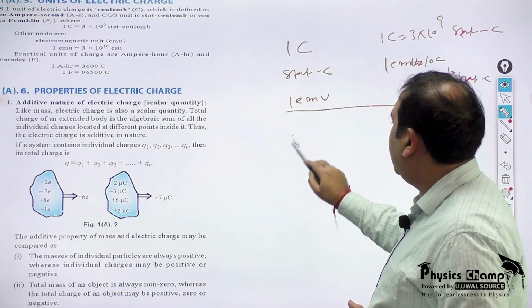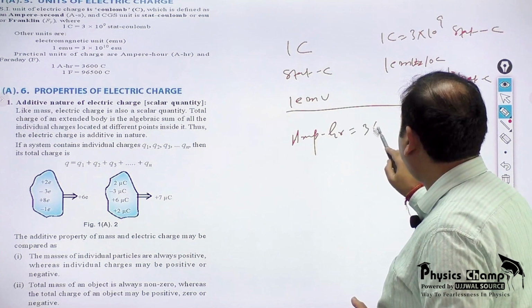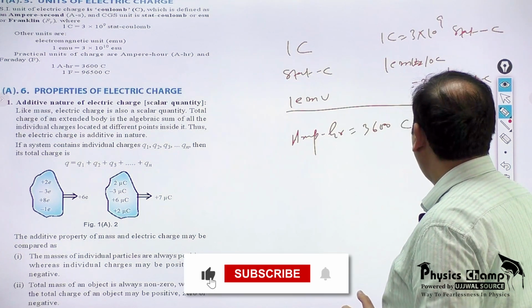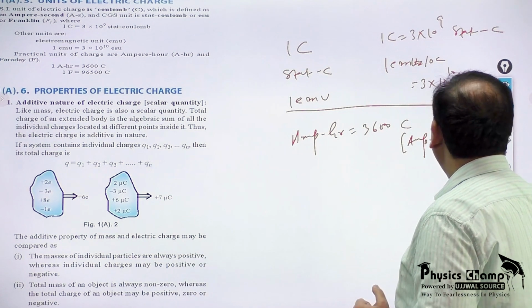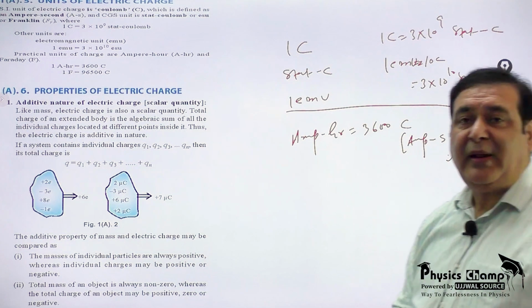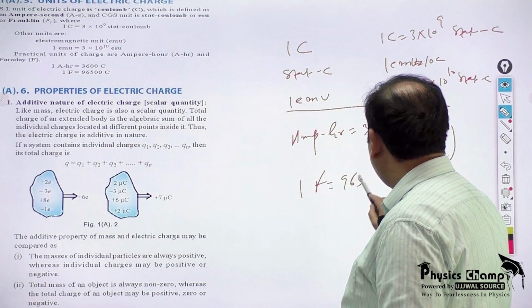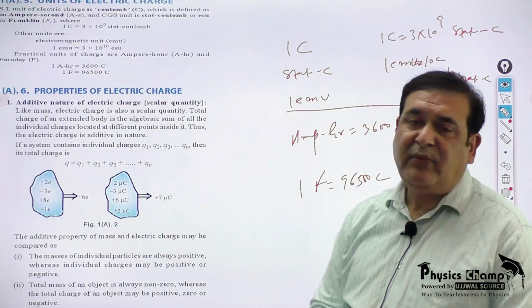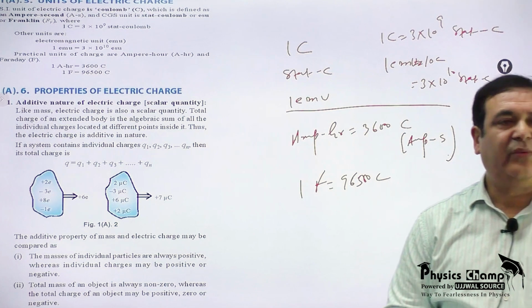If you are using ampere hour, 1 ampere hour is 3600 coulomb or ampere second. And another practical unit is the Faraday. So 1 Faraday is 96500 coulomb. So that's how we have got the very important units of electric charge.